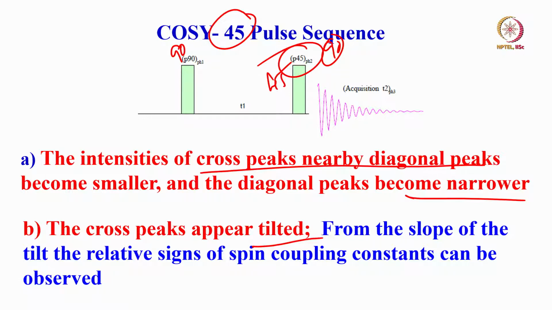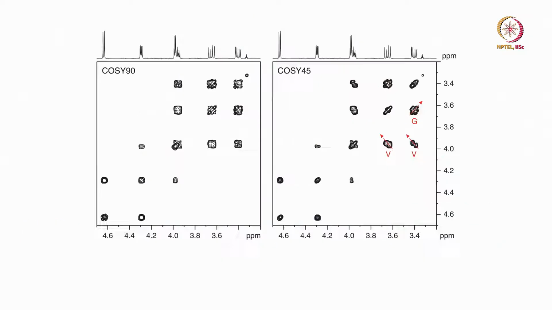The tilting of the cross peak gives you information about the sign of the coupling, depending upon the relative slope in which the cross peaks are tilted. We can get the relative signs of the spin coupling constants. This is another important thing which you do not get in conventional 1D NMR.